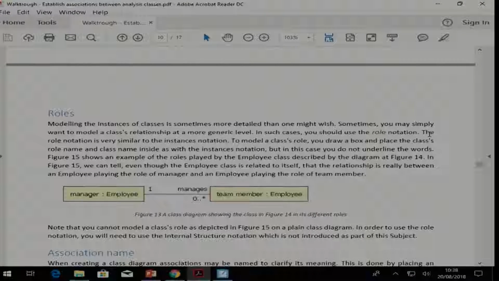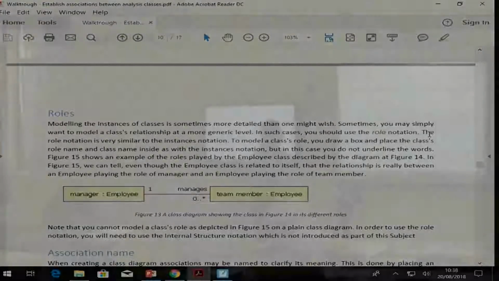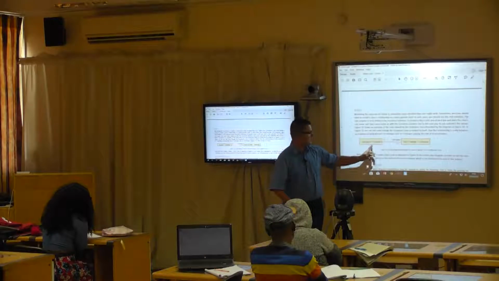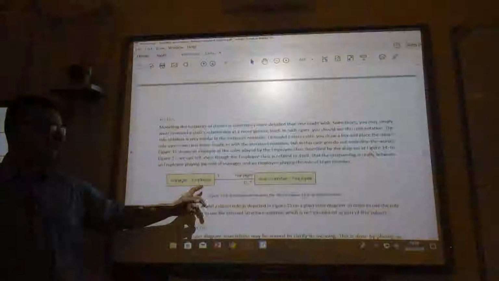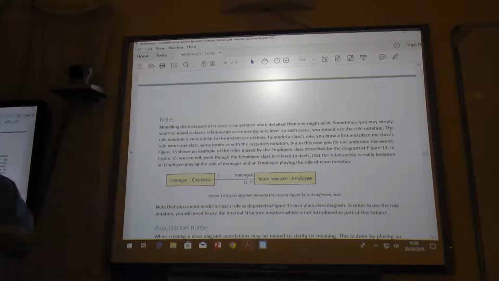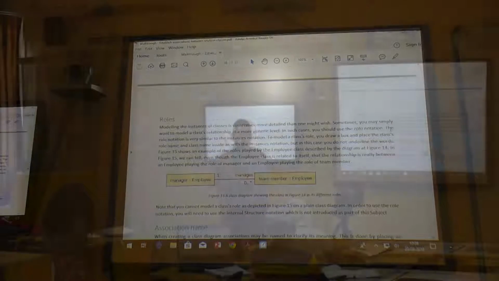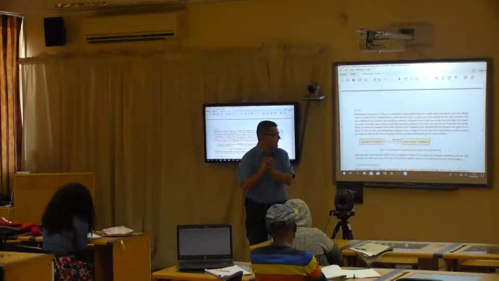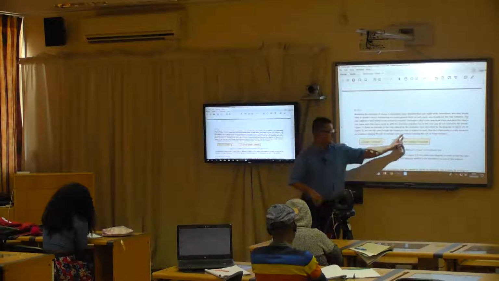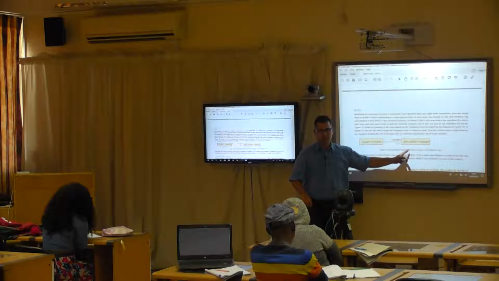Then there's again something about roles. As an example, if the class was employee and the manager is an object in the employee class, what role is he playing? He manages other employees.